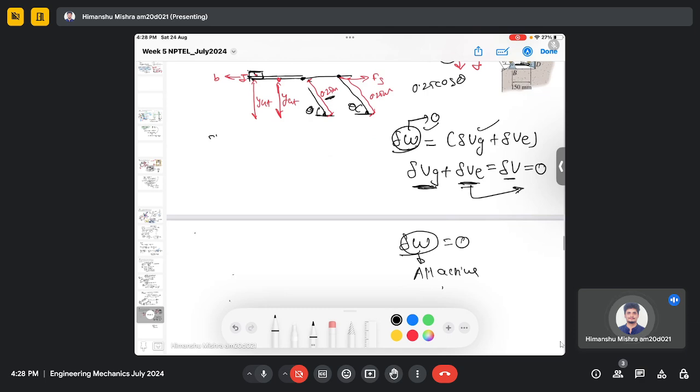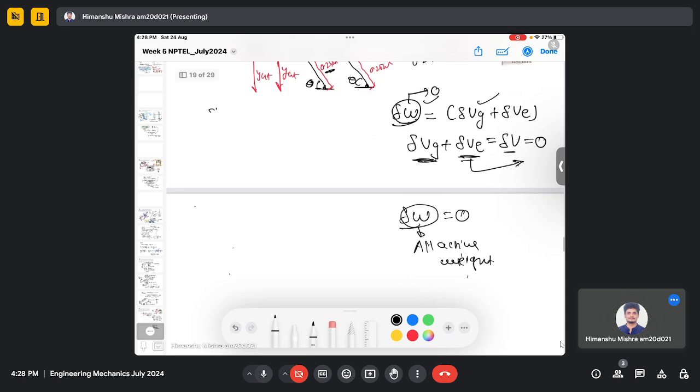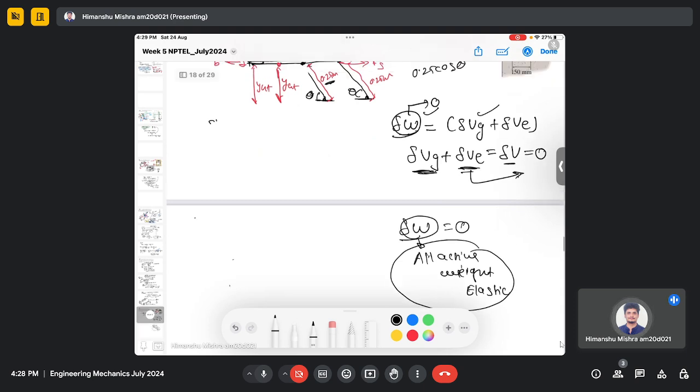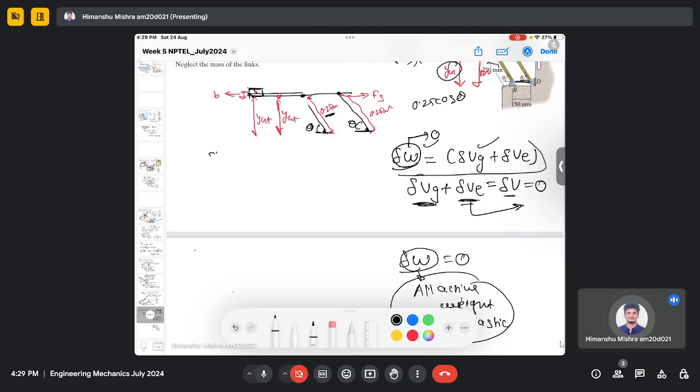Here I am containing all the active forces. This could be due to weight, and this could be due to the elastic member as well. So it contains all the active forces from weight, elastic member, and other external forces, which will create the virtual displacement. In the energy principle above, this contained only active forces but without weight and without the elastic member or spring forces.